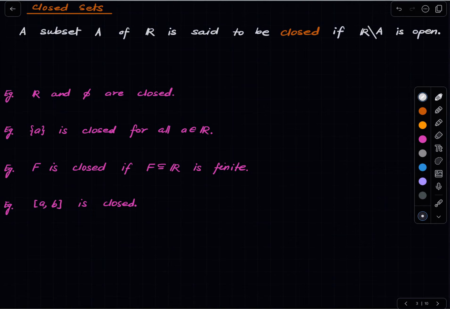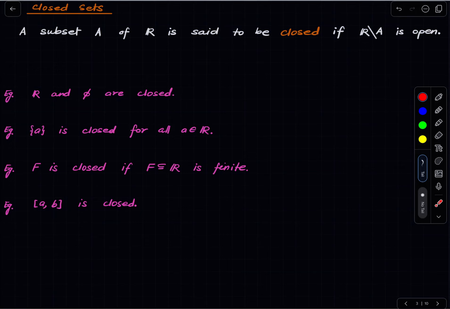So the definition of a closed set is via an open set. If you take all the points that are not in the set, meaning if you take the complement of the set, you should get an open set. Okay, so the definition is very, very simple.